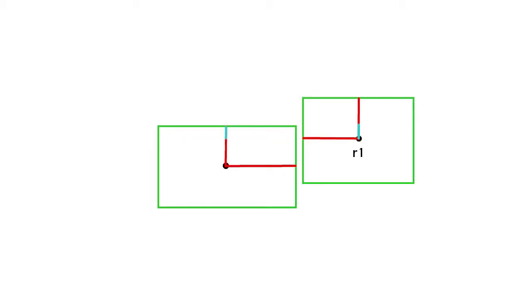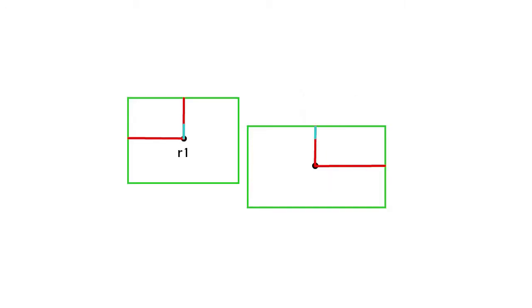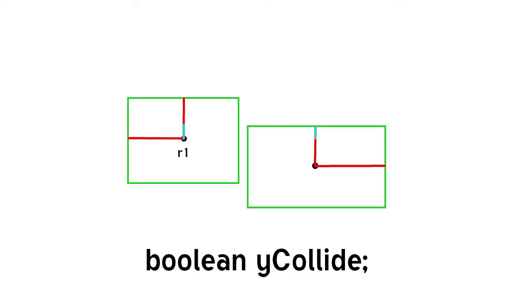If R1 only has collision in the y-axis, then R1 may be on the right or left. Let's assign a boolean to hold the incomplete collision state in the y-axis, and let's name the variable yCollide.